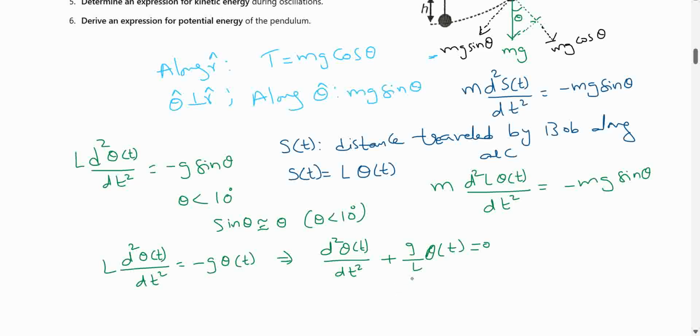Now we have this differential equation, and we know some initial conditions. We need to know two initial conditions. First, theta of 0 is equal to the angle at which it is released.